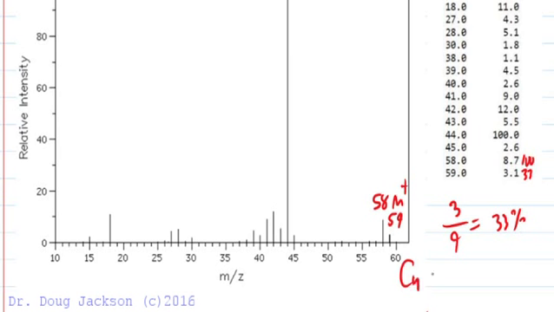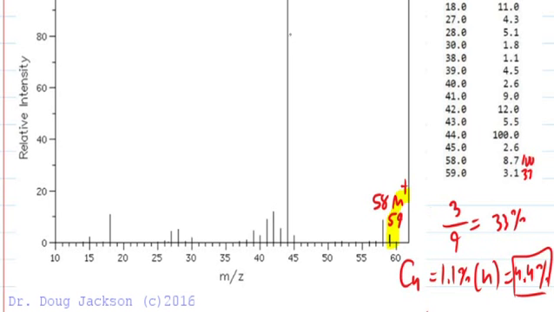So C4, 1.1% of all carbon is carbon 13. 4 of them means that this peak at 59 can at most be 4.4% if it's due to carbon 13 alone. Since it's 33% and not 4.4%, it can't be just due to isotope effects. So it has to be the molecular ion. And because we see nitrogen in the IR, we're pretty confident that we are on the right track.